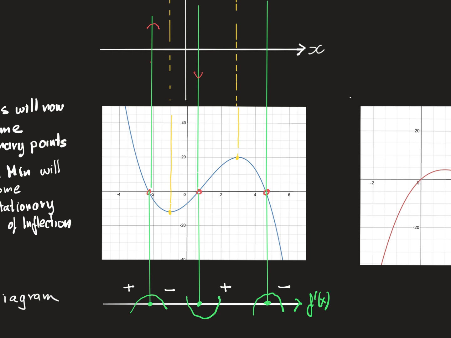And the last one, I'll draw it a little bit higher just for the sake of good looking graphs. Now, I know that the yellow will indicate where the stationary points of inflection are. By joining these maxima and minima carefully, we get what we call, this time, a quartic graph.